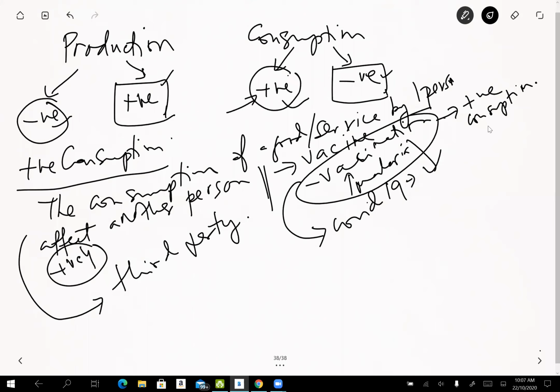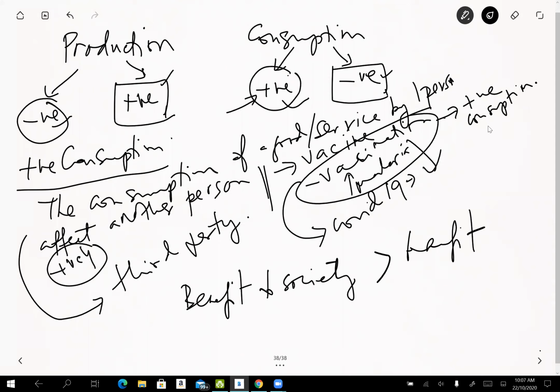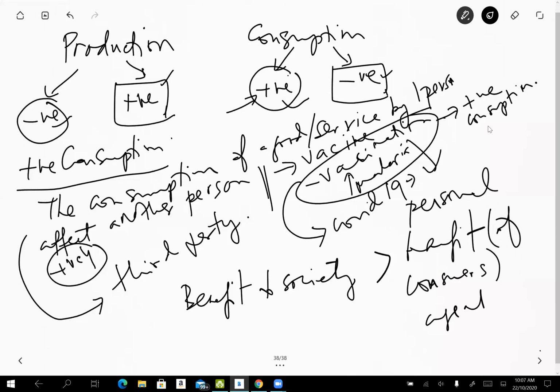Here, the benefit to the society is bigger than the personal benefit, that means the benefit of the consumers, the agents in the market. In other words, the consumers and the suppliers.